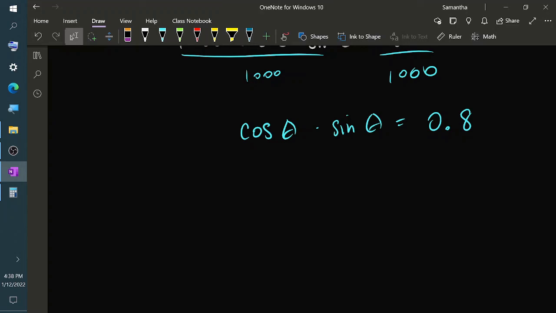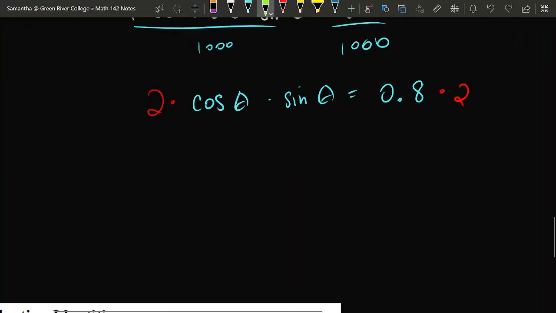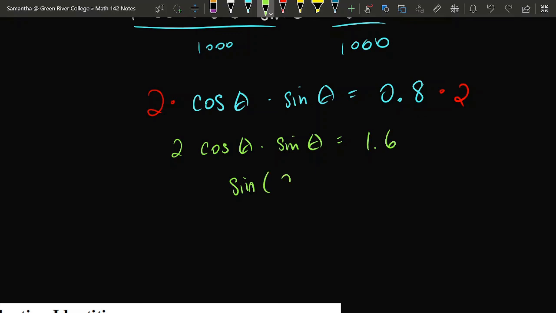We have the sine multiplied by the cosine, but we do not have the 2. So let's multiply both sides by 2 to get that in there. So now we have 2 times cosine times sine is equal to 1.6. We get that sine of double the angle theta is what needs to be equal to 1.6.